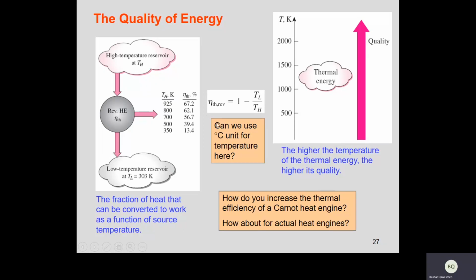Even though nothing else has changed, it tells us that the higher the temperature, the higher the quality. So the higher the temperature of the thermal energy, the higher its quality.